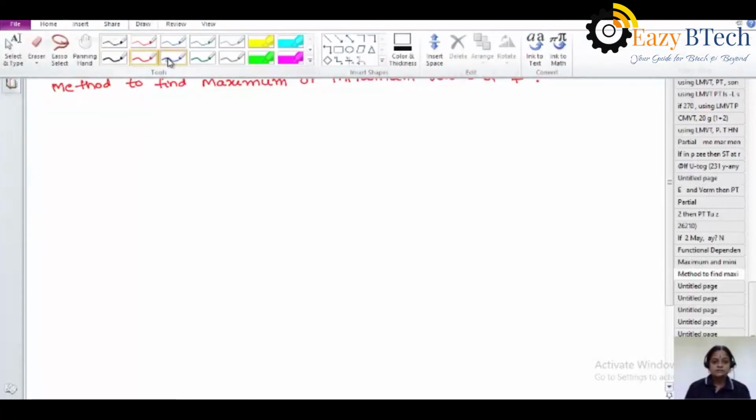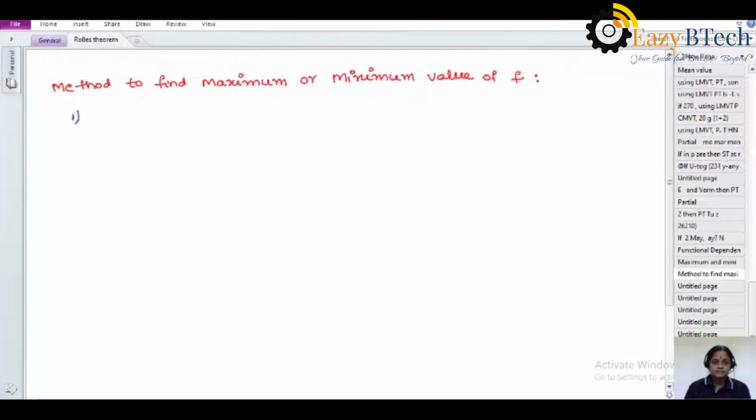The first step in the method is to find dou f by dou x and dou f by dou y. Okay, students, f is the given function here. So the first step is partially differentiating f with respect to x and y, and equating each to 0.